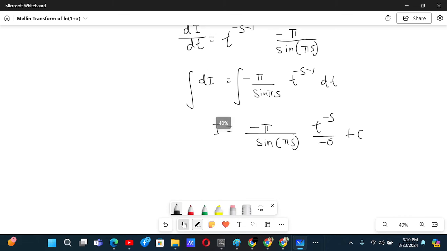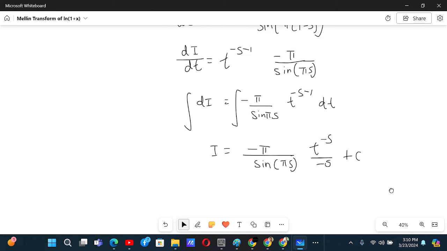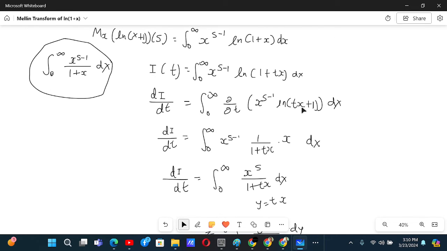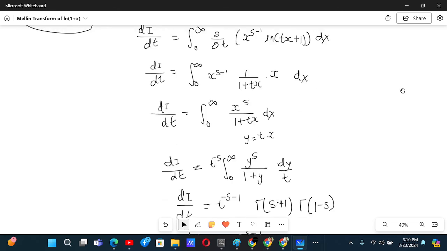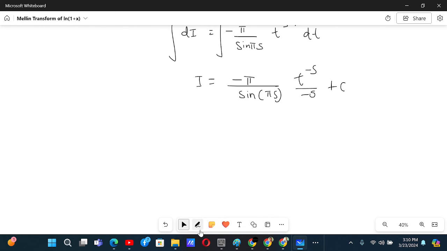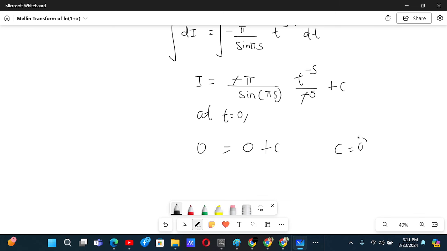Now notice that when t equals 0, this is just ln of 1, so the entire integral is 0. At t equals 0 the entire integral is 0, and this expression is also 0 plus c, so that gives us c equals 0.